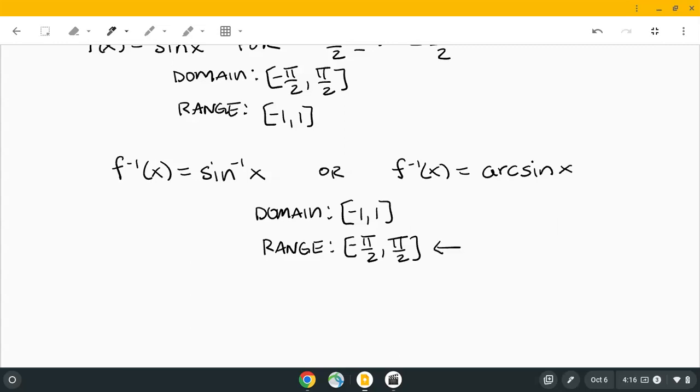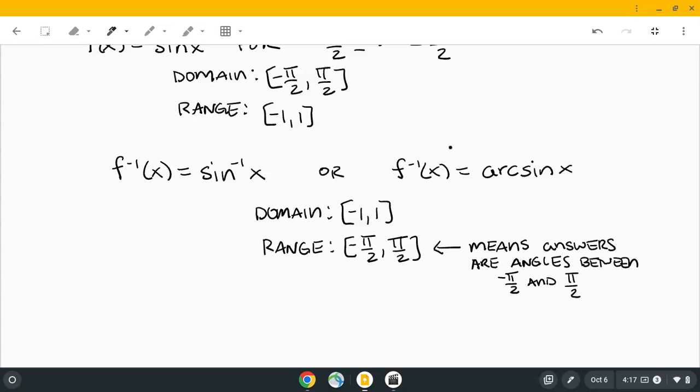And it's important that you really understand this when we start evaluating sine inverse or arcsin. So this means answers are angles between negative pi over 2 and pi over 2.